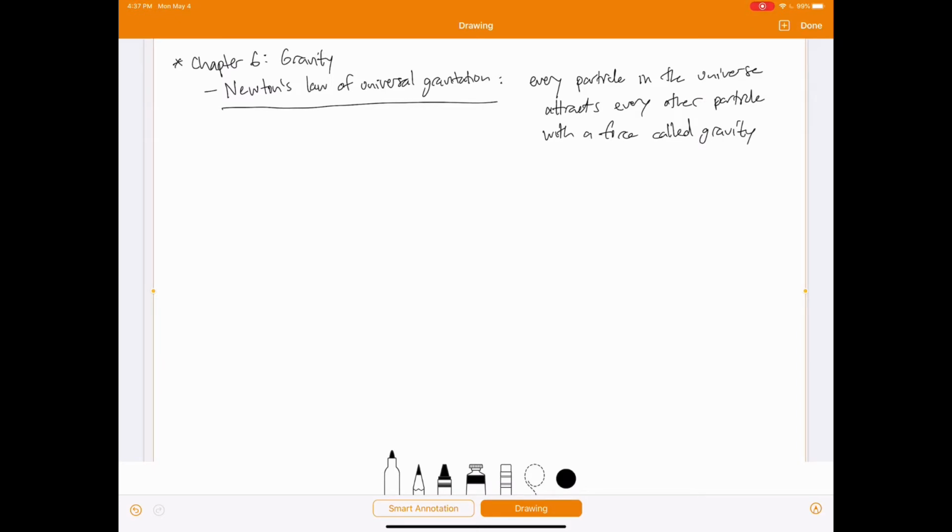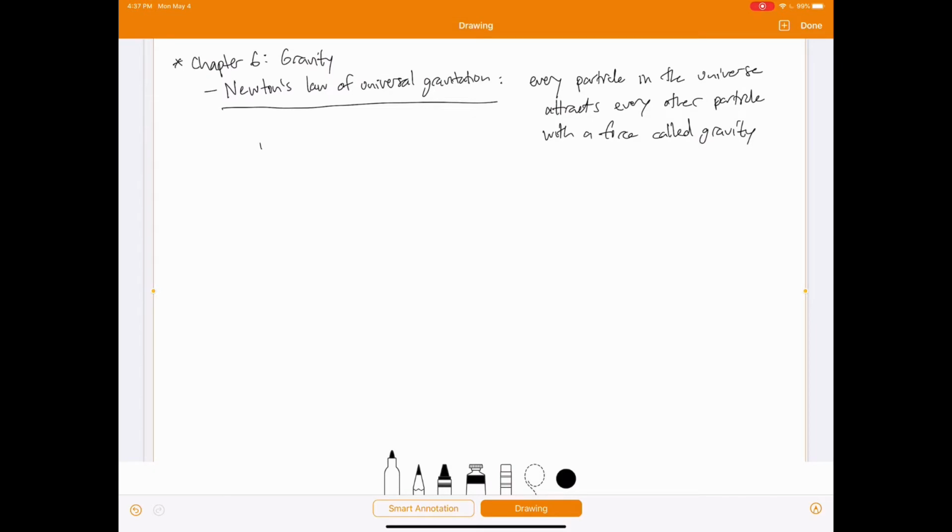So in other words, gravity is not just something that big objects exert on small objects, okay? Any two objects in the universe that have mass are going to exert forces of gravity on each other. So in that sense, it's universal.